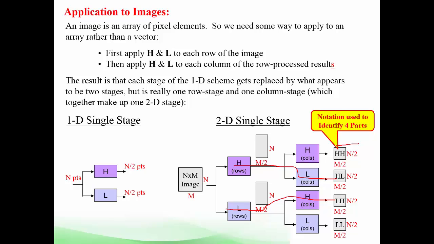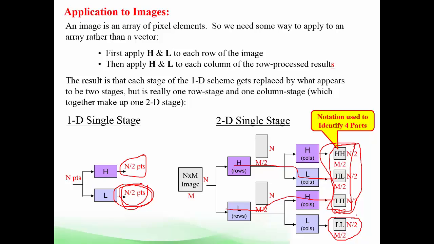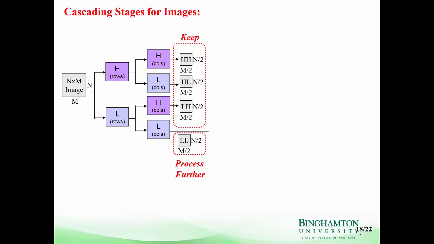The idea is we keep all of these. All of those are kept. And then what did we do with the stuff coming out of L? So this was kept, and this was further processed. We hung the next stage on that. So the top 3, anything with an H in it is going to be kept. The bottom one, which is the only one that has both L, is going to be further processed with the next stage.